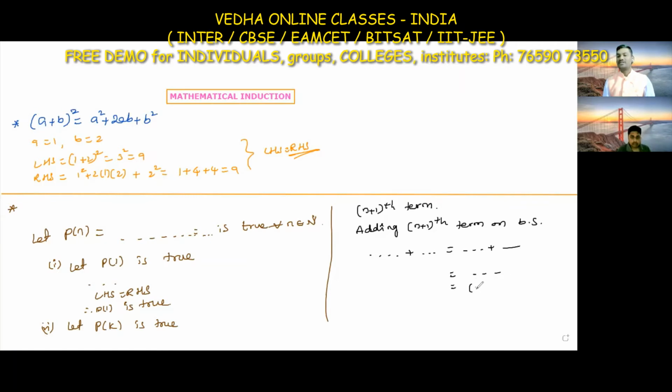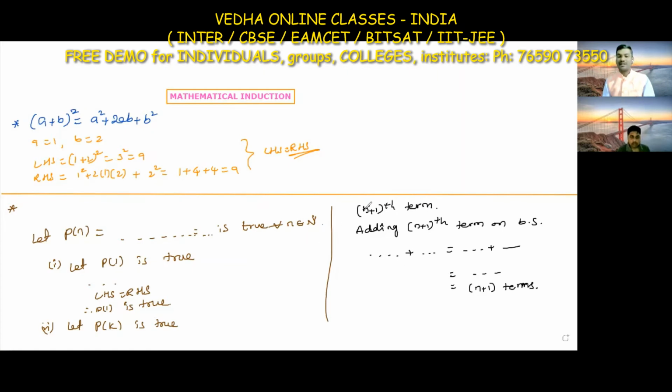Finally, we have to get the answer in terms of n plus 1. Whatever value n we have, in place of n we have to get n plus 1, or k plus 1, since we already took k.